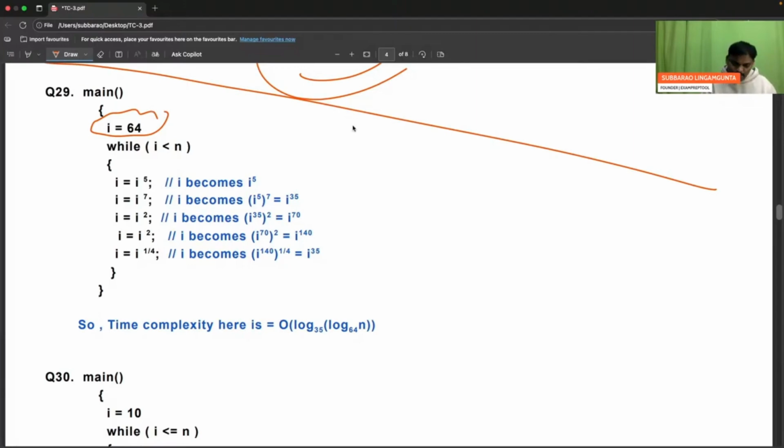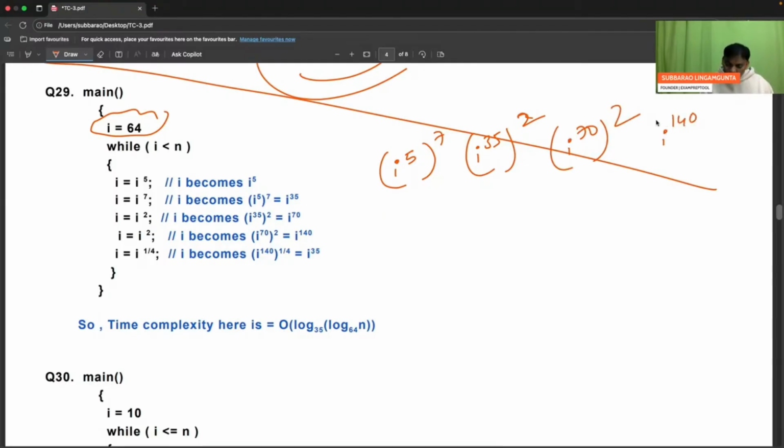So let's check. First i power 5. Next, whatever you have, whole power 7. It became i power 35. Whatever you have, whole square. It became i power 70. Whatever you have, whole square. It became i power 140. Understand everyone, whatever you have, whole power 1 by 4, which is a power m whole power n, a power mn.